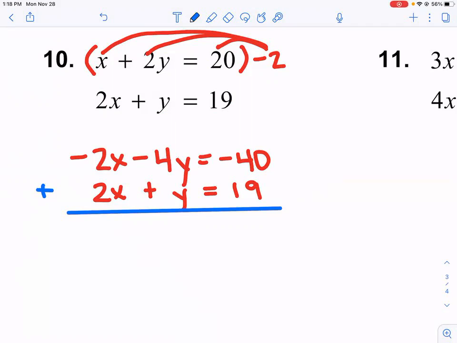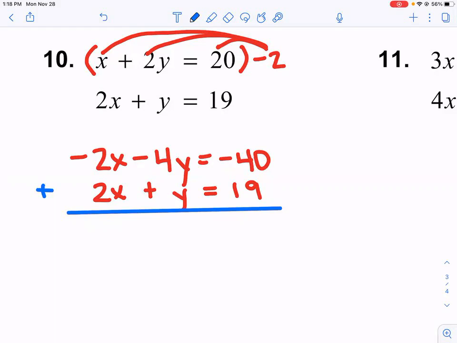We could have done that. There's going to be a couple different ways we can go about doing this. As long as your x's or your y's are opposites, then we're ready for elimination. So I chose, because I saw the x's first, I chose to make my x's opposite. So I multiplied this first equation by -2.